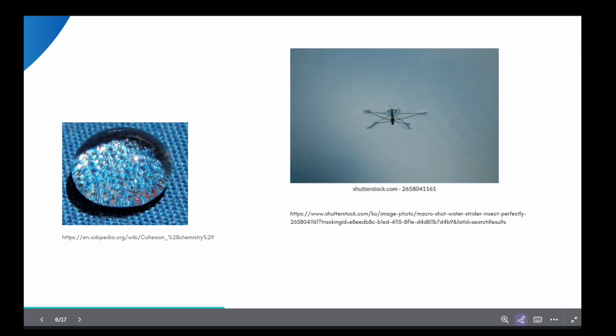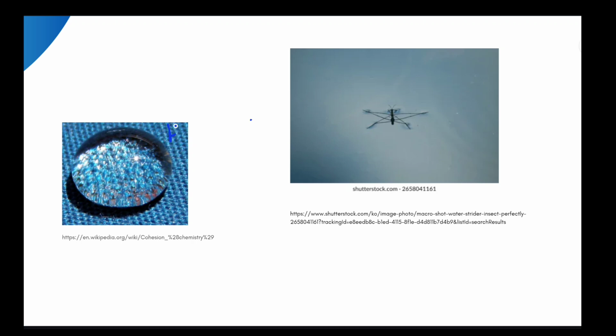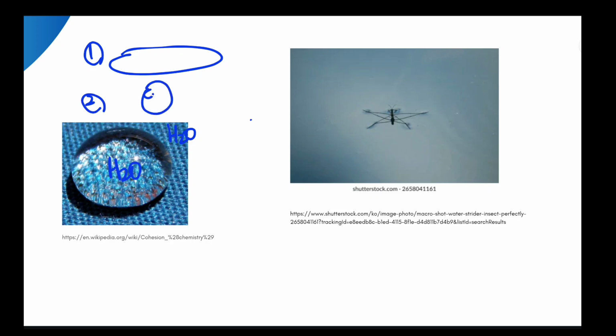Now, there are two examples of cohesion. One is a small water molecule in rivers or lakes. Here's water, and here's also water. Would the water be likely to spread out like this, or stay packed inside like this? The answer is the second one.